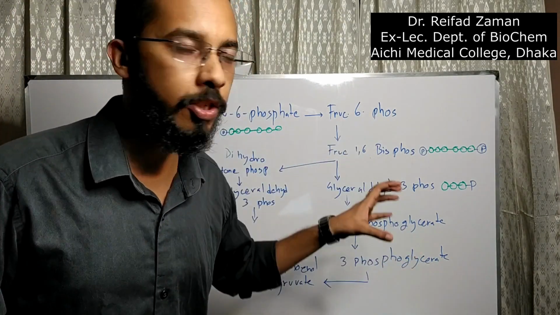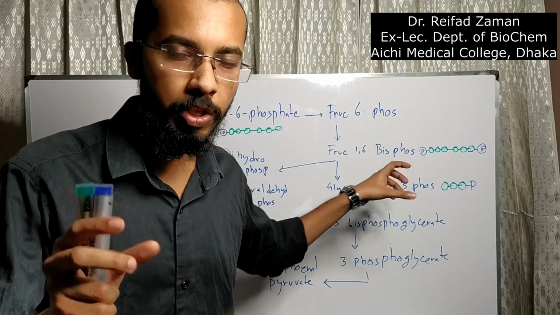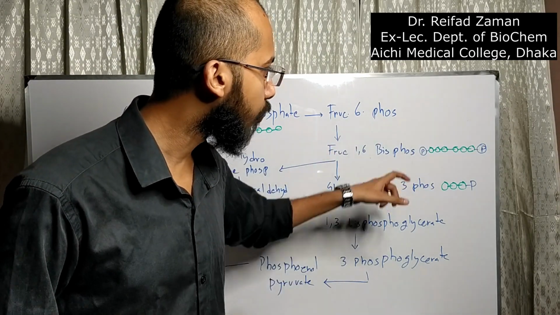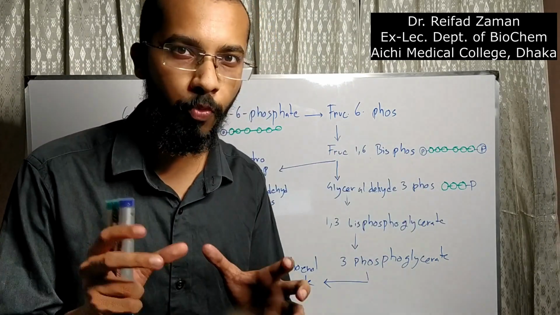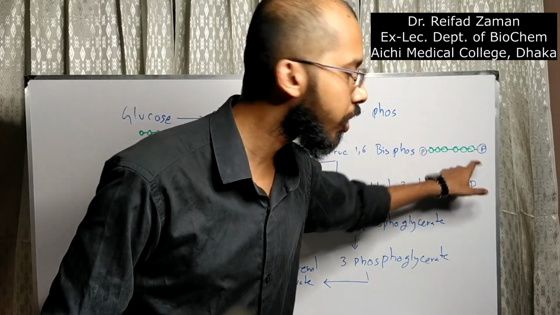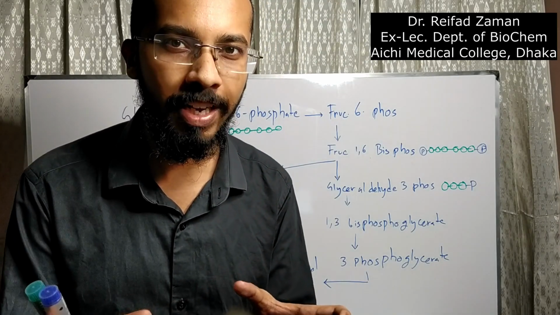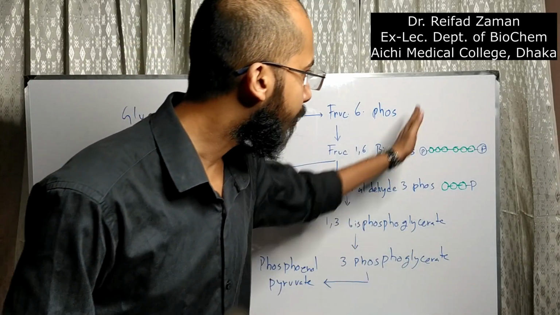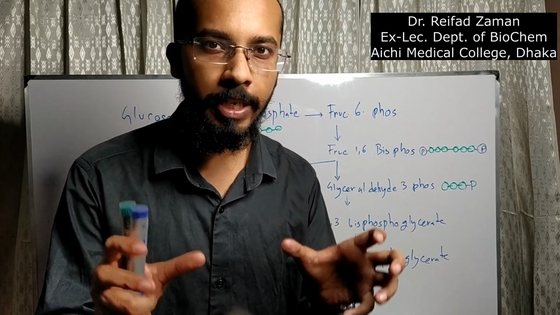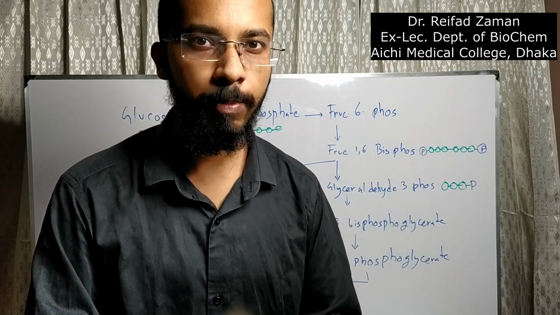Now, if you notice closely, two phosphate molecules are joined, one at the position of carbon 1 and the other at the position of carbon 6. This makes the molecule unstable, and so it breaks up in the center, forming 3-carbon compounds.